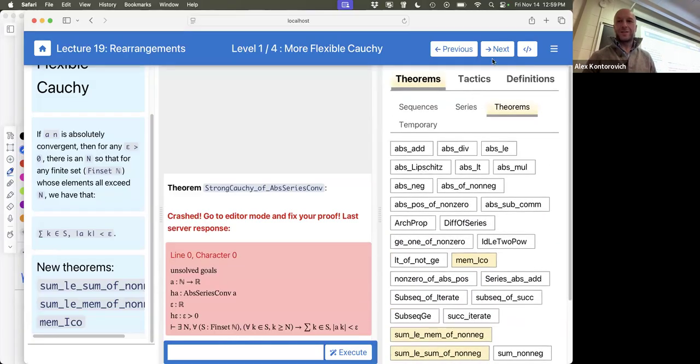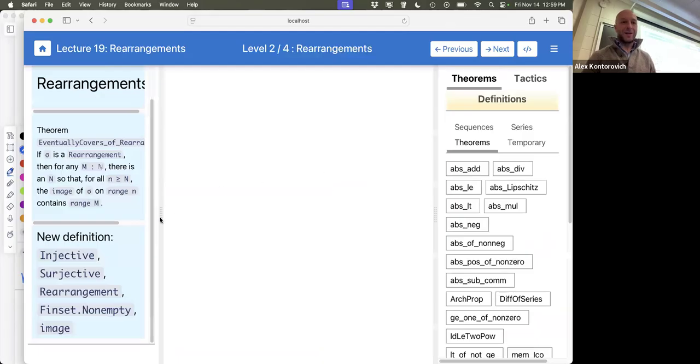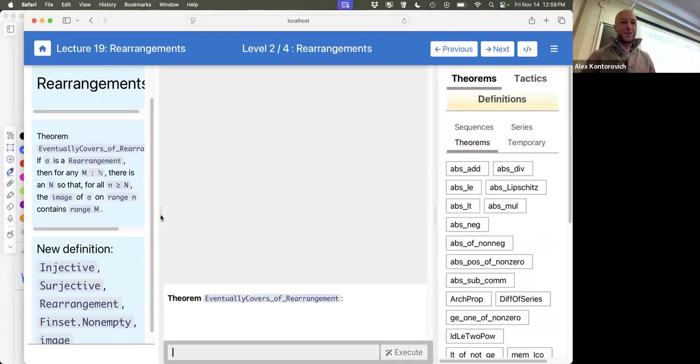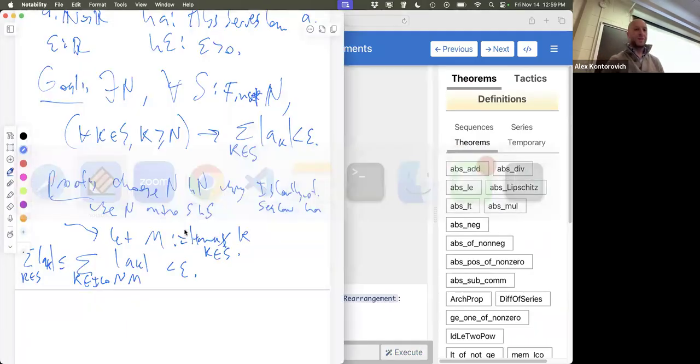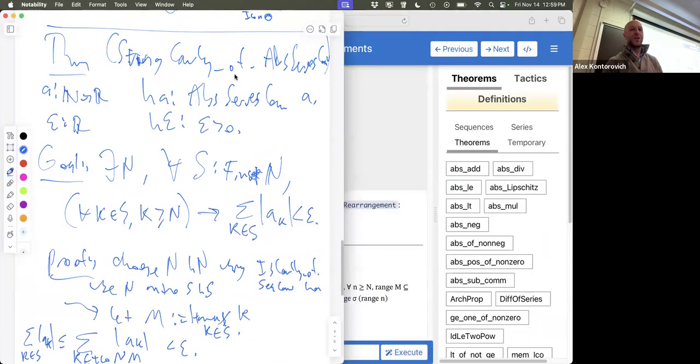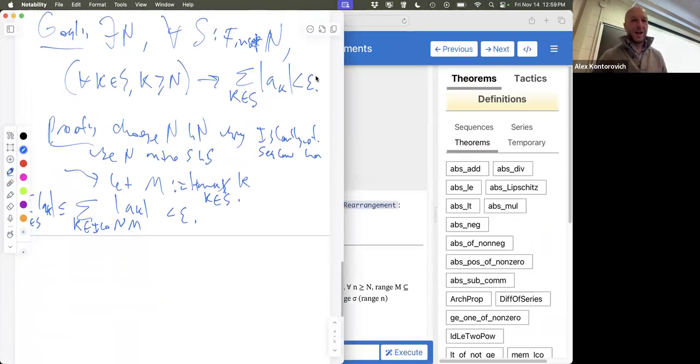Let's look at the next theorem. Here's the rearrangement theorem. Eventually covers of rearrangement. So are we happy to move on from not proving this strong Cauchy of ab series conv right now? Okay.